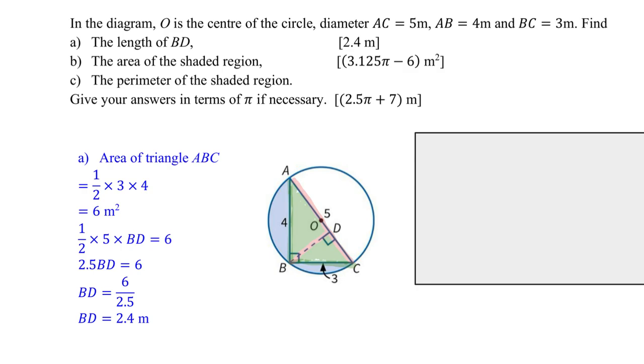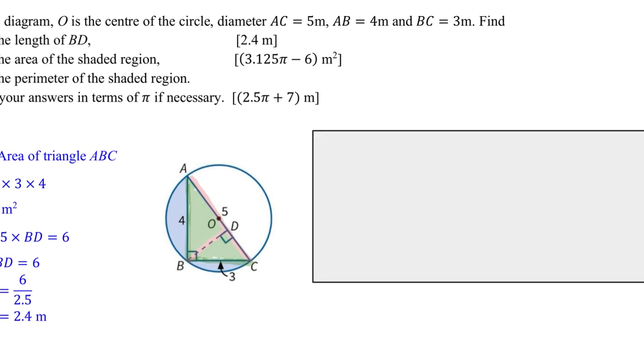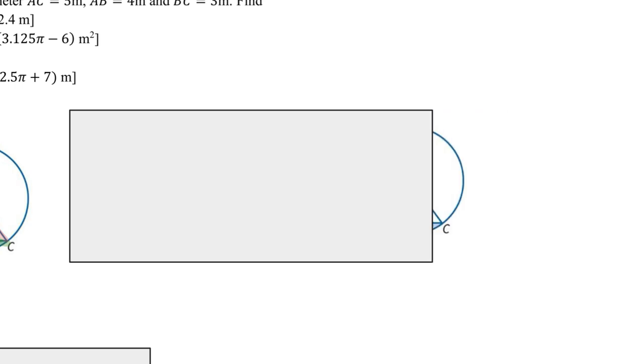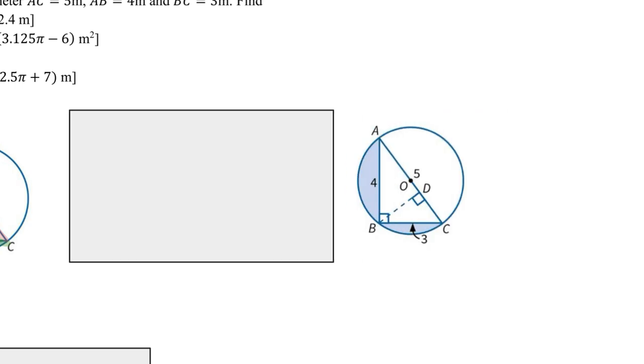For part B, as we move on, we are required to find the shaded blue color area. So I'm going to move to the side here. So how can we then find the blue color shaded area?